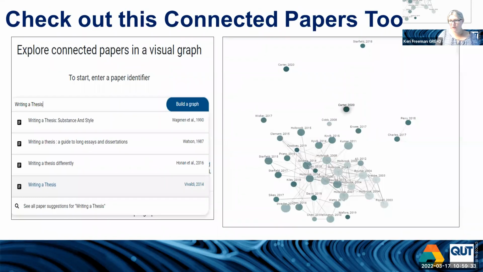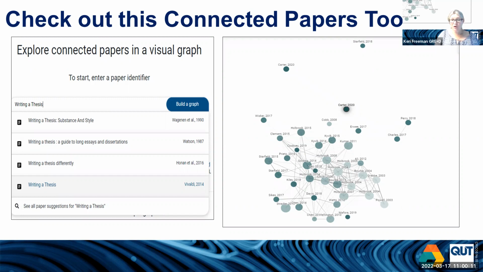Here's a really good tool that you might find useful. I've just got the link for you. Basically, it's a visual graph, as you can see. The dots are called nodes. The papers are arranged according to similarity. The color is the publishing year, so you can see that Carter 2020 is a darker color, and the lighter colors are the earlier publications.